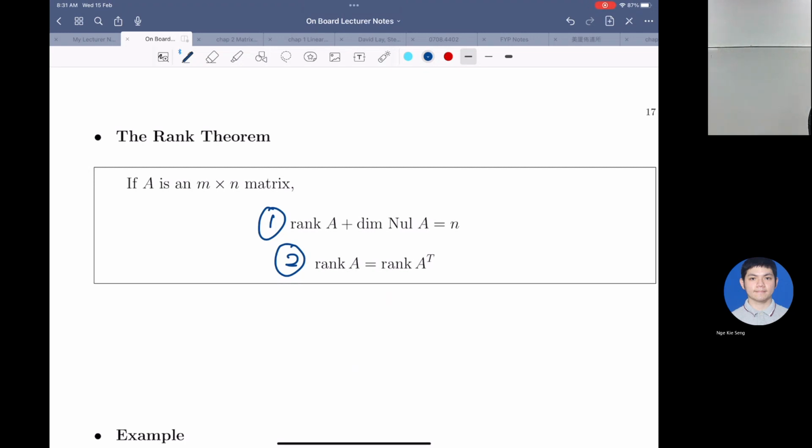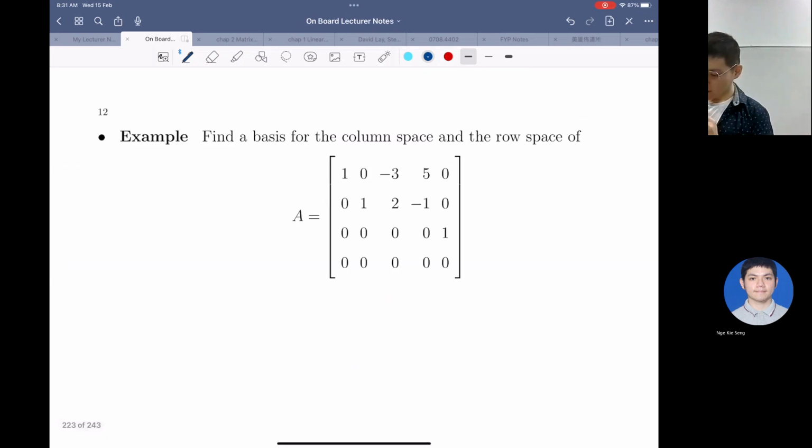What's the first thing you do? Find the pivot. Okay, yeah. Find the pivot. So this means you want to row reduce your matrix first. So in this case, we only need to care about the row reduced matrix.